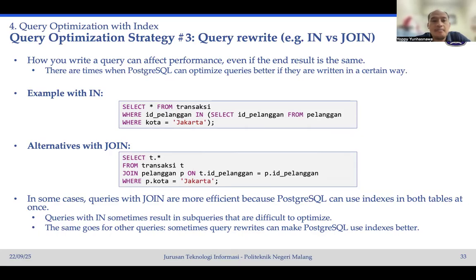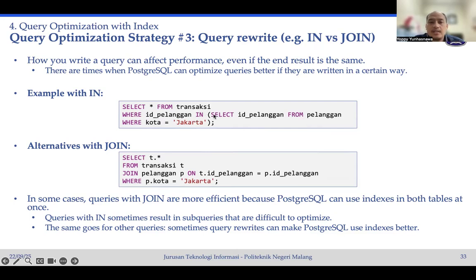In this example, they will result in the same thing. We want to find any transactions that are done by any customers from Jakarta city. We can find those using the in syntax, something like this: select all from transaksi where ID pelanggan in, so we want to find any ID pelanggan that becomes the result of the inner query.